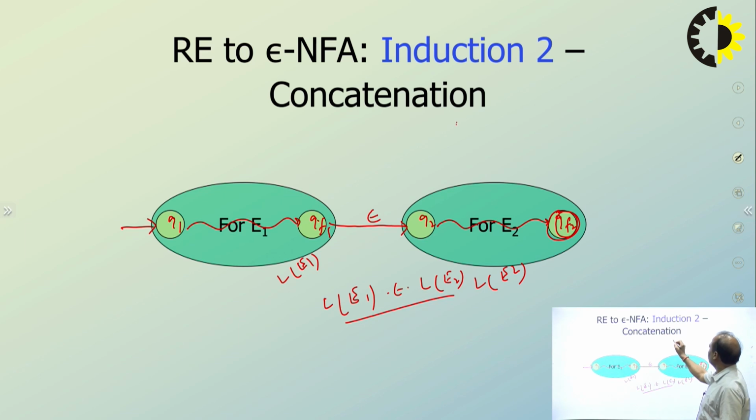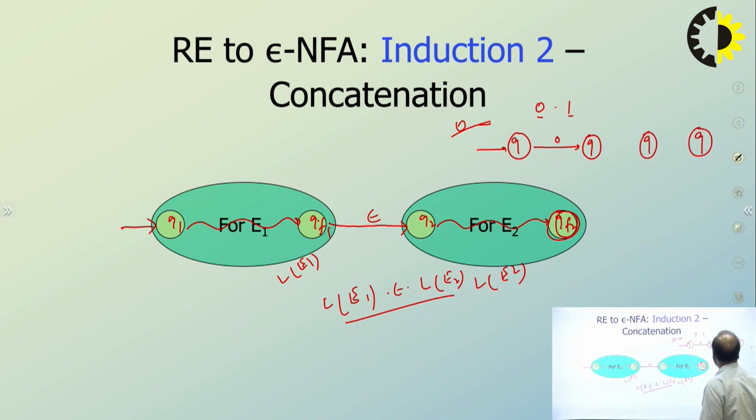For example, suppose we are interested in 0.1. It's very simple. Make a machine for 0, make a machine for 1, write one after another, don't write in parallel.